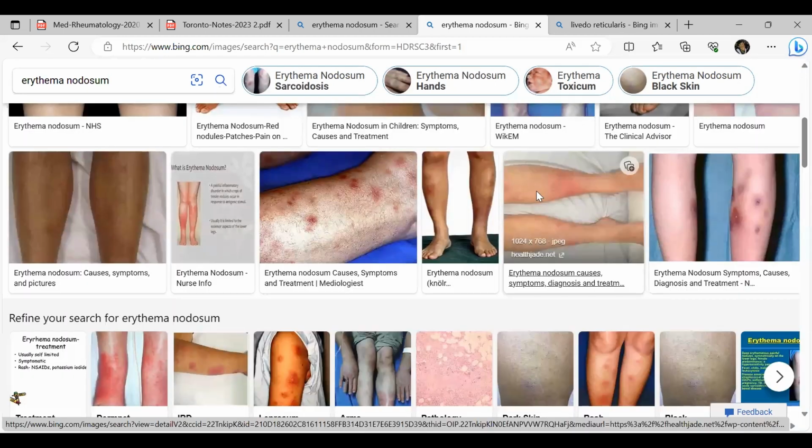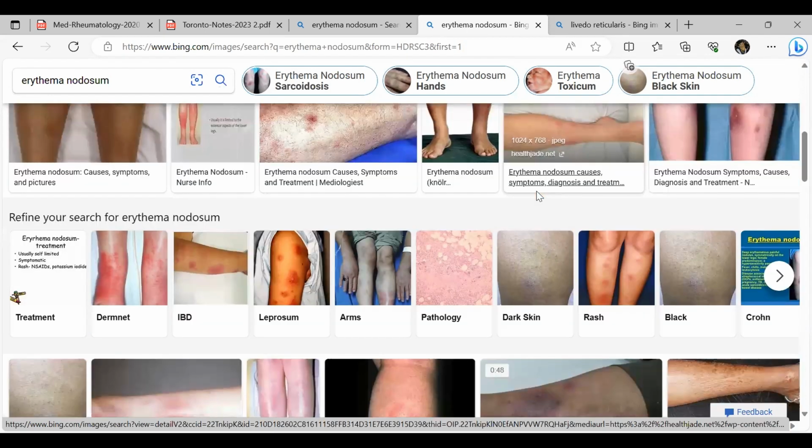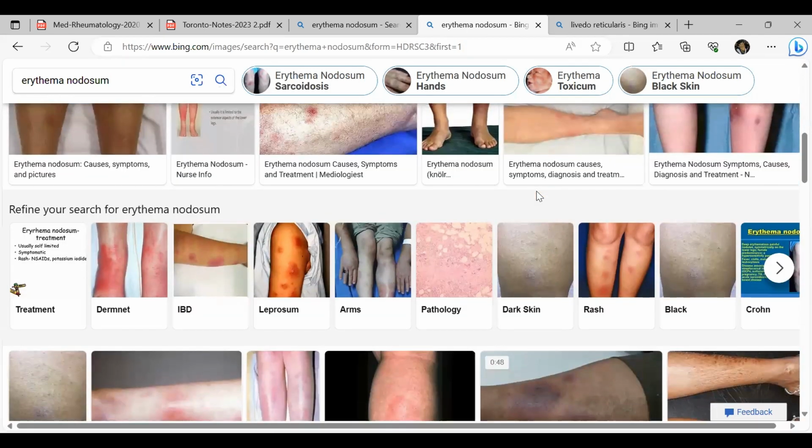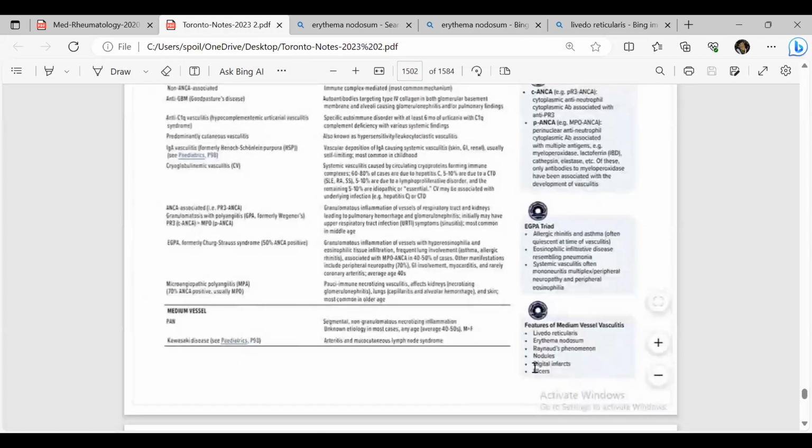Erythema nodosum is usually self-limited, with rash, and it's symptomatic also. Treatment is symptomatic. And Raynaud's phenomenon we all know, and nodules, digital infarcts, and ulcers. So these are the features of medium vessel vasculitis.